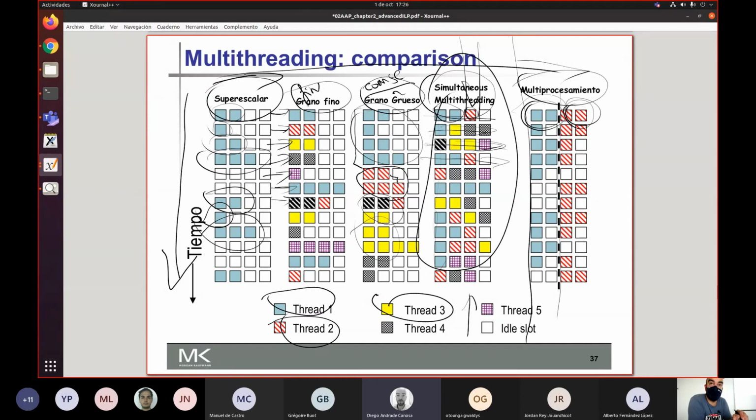You have multiple issue, so you are starting several instructions of the same thread at the same time. At this point, there must be a stall, because there is a costly memory access. I don't know what is happening here.